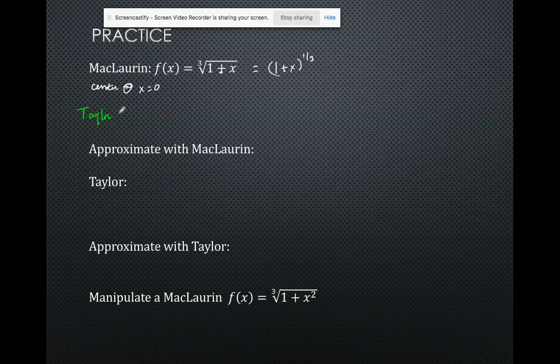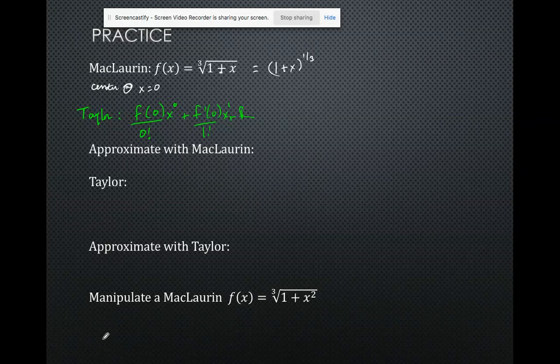So Taylor's formula says evaluate the function at the center divided by 0 factorial x to the 0. They want the first 4, right? Dot, dot, dot, dot.